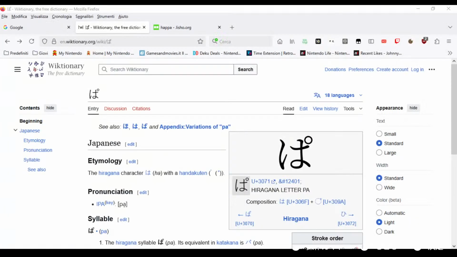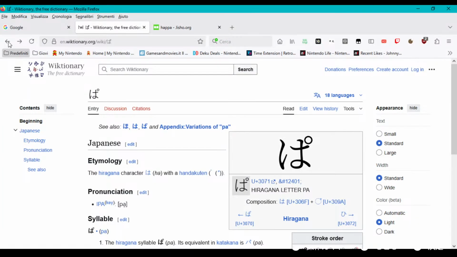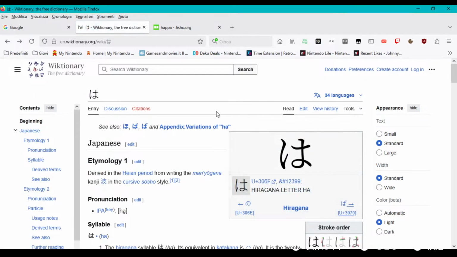Okay. Let's go back to the Wiktionary. And let's go back to the first hiragana of hagyo, ha.